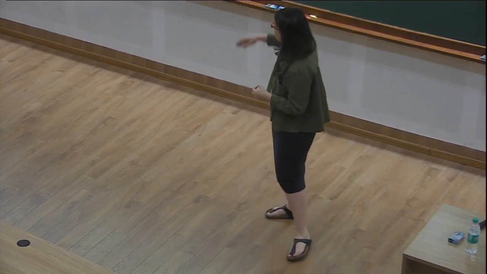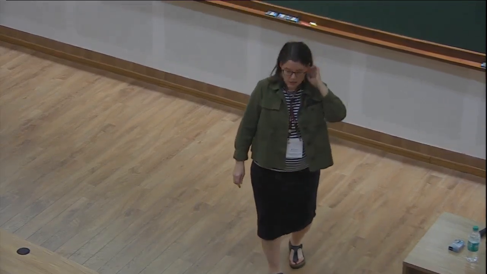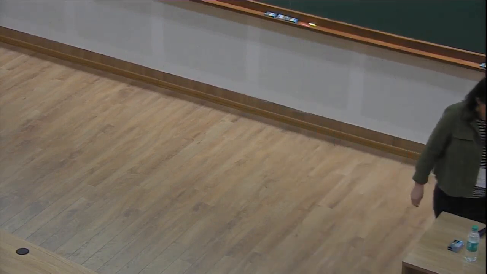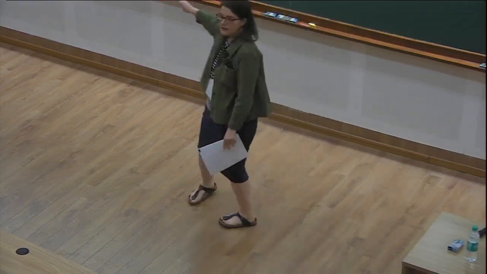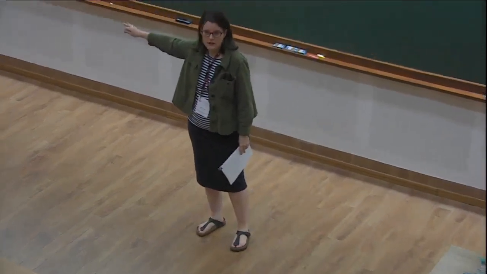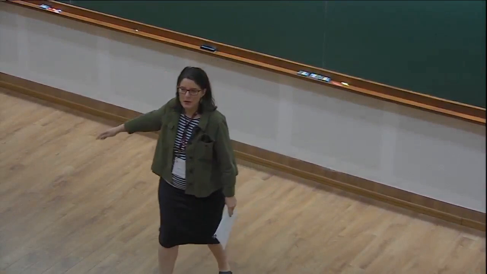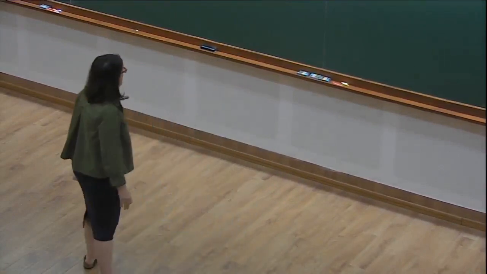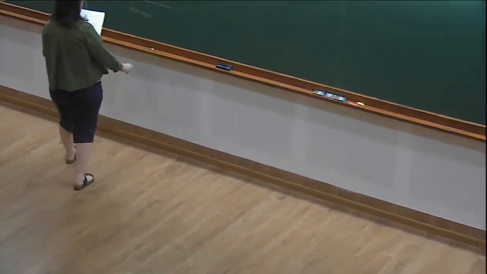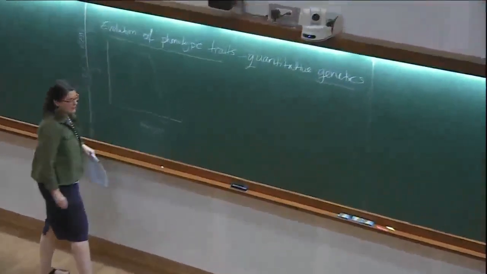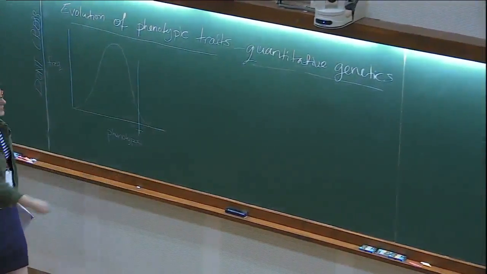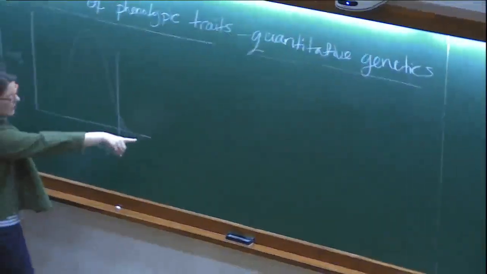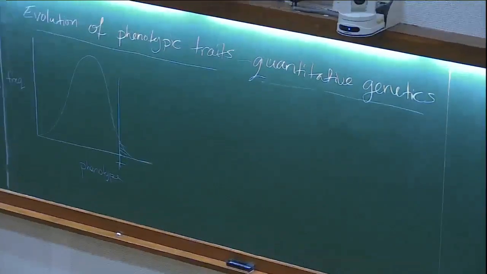So we have some distribution of phenotype, and we want to think about how it changes. The simplest possible observation we can make is, what if there's some kind of selection on this phenotype? The easiest one to draw on a board is truncation selection, which is basically saying that at some point t of phenotype, I draw a line, and all the organisms who have a phenotype on that side of the line, I allow to reproduce for the next generation, and none of these do.